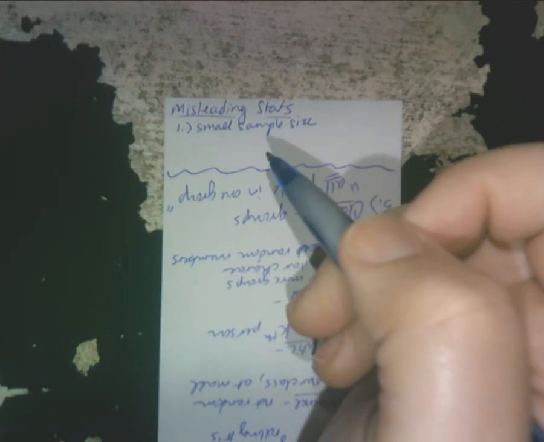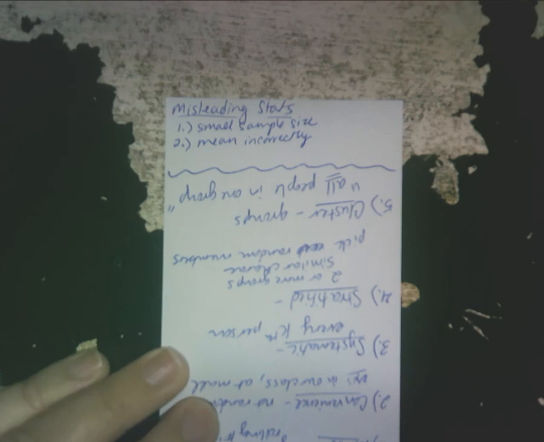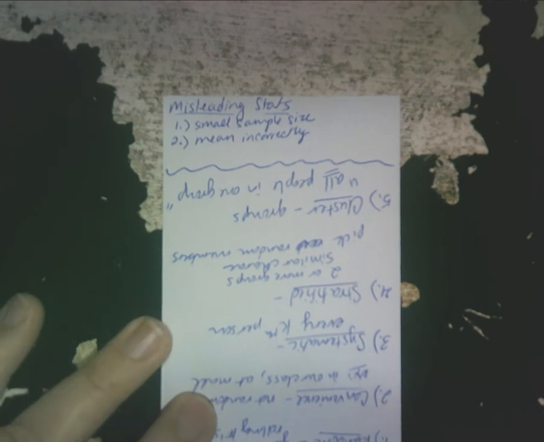You need to do a larger sample size, okay? Another misleading fact, using the mean incorrectly is a big one, because you really don't want to use the mean all the time unless it is normally distributed, which we'll get to. We want to use more like probably the median. Okay, that's a better central tendency.